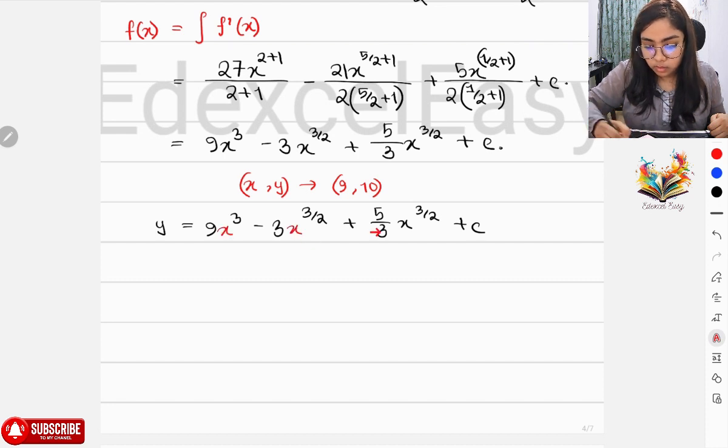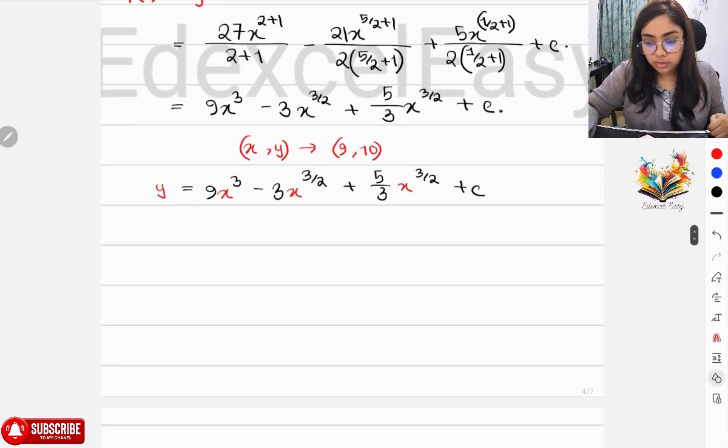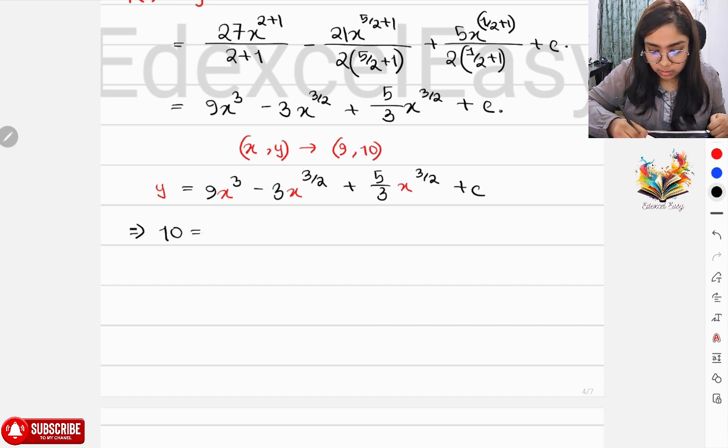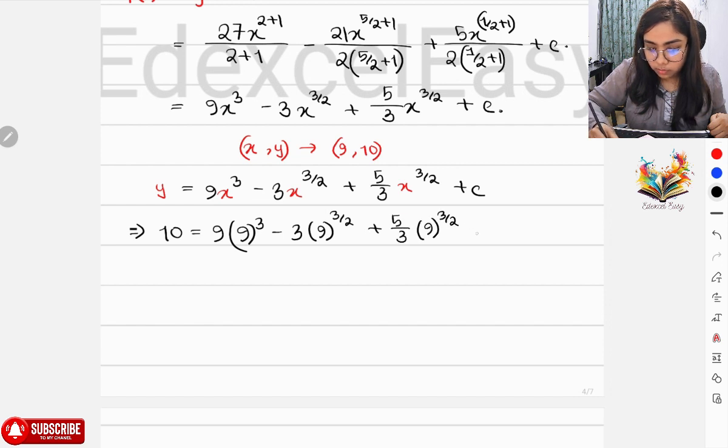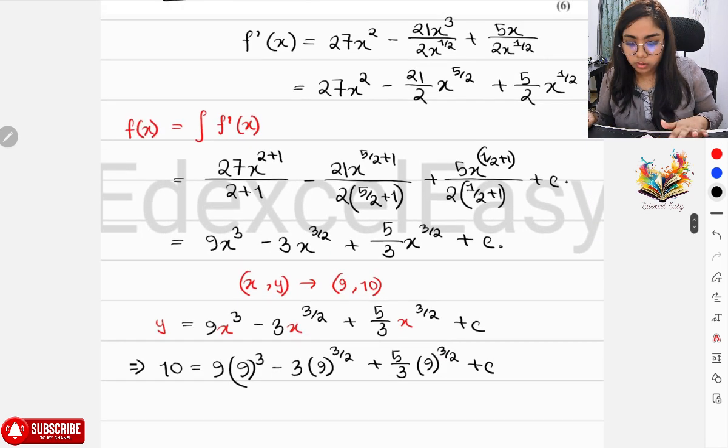All these cases I'll input with 9, and over there I'll input it with 10. So now instead of writing y, I can write 10 is equals to 9 power 3 minus 3, 9 power 3 by 2 plus 5 by 3, 9 power 3 by 2 plus c, right?